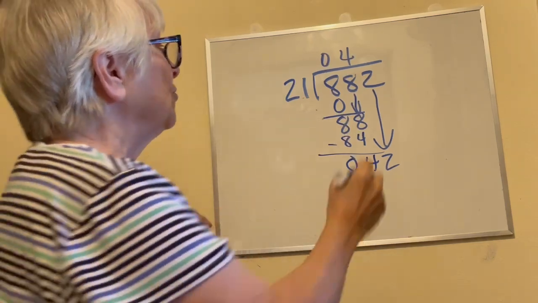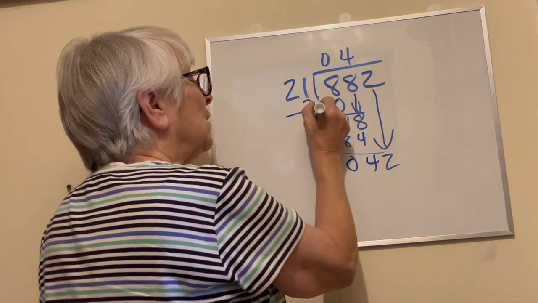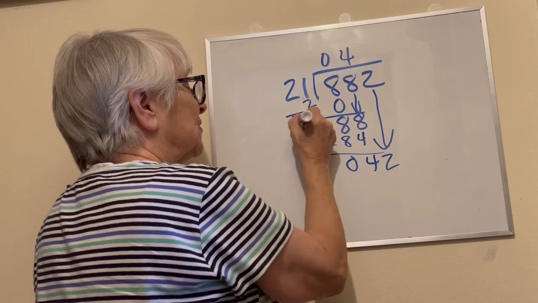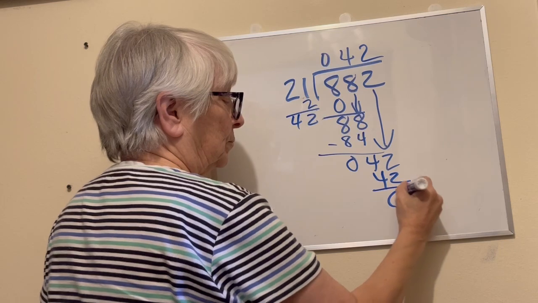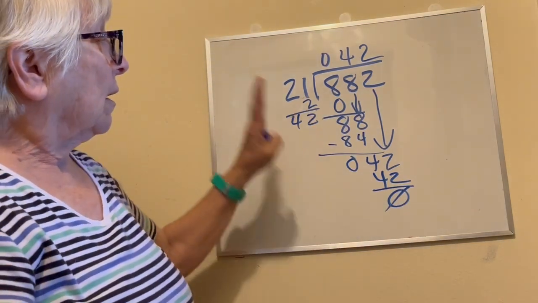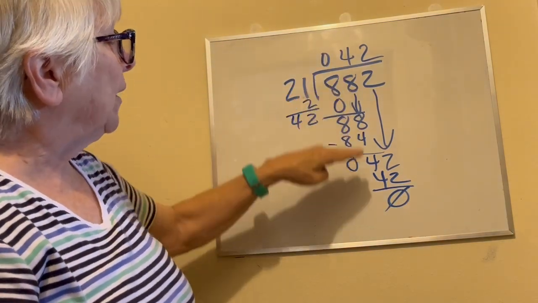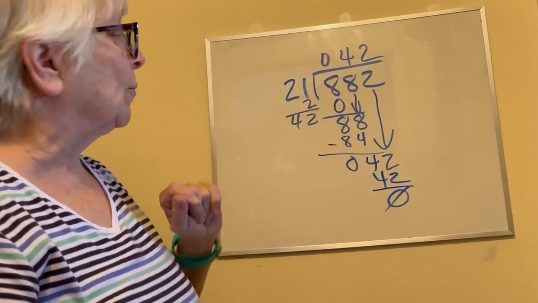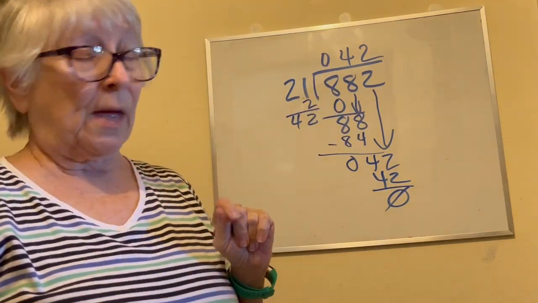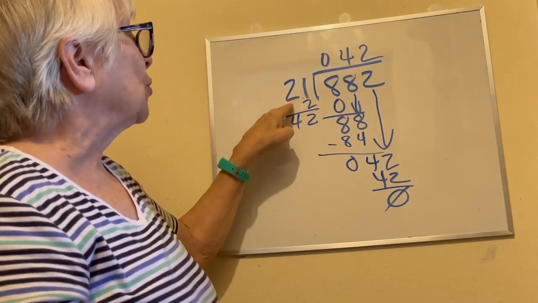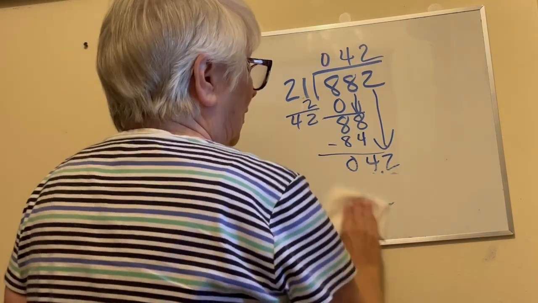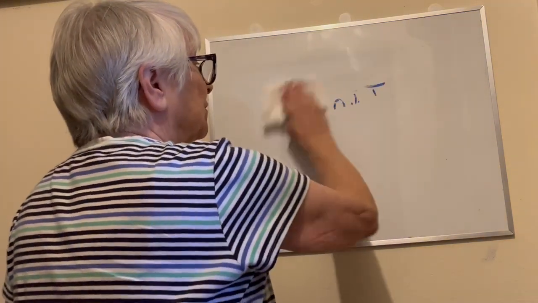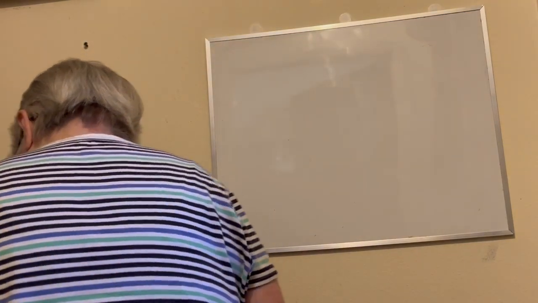Yes, 2 goes into 4 2 times, so I'm going to try the 2. 2 times 1 is 2, and 2 times 2 is 4, and there we have it. Okay, so every time you bring a number down, you have to put a number up. And remember, you're not dividing by 2, you're dividing by 21. We can divide by 2 just to give us an idea of what might be the right answer.